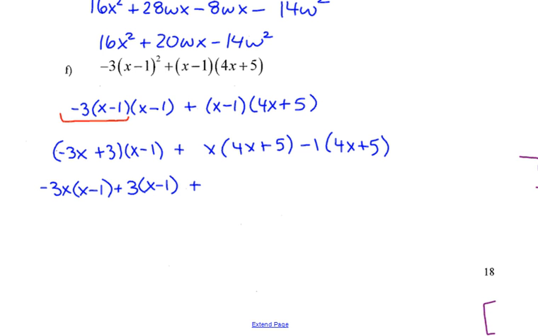So plus x times 4x is 4x squared, x times 5 is plus 5x, -1 times 4x is -4x, -1 times 5 is -5. It's long, okay?